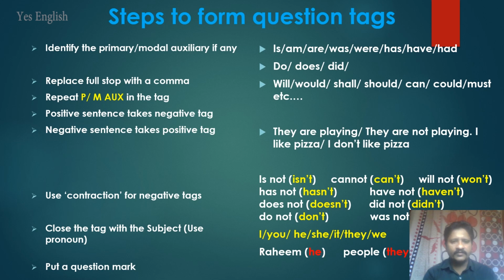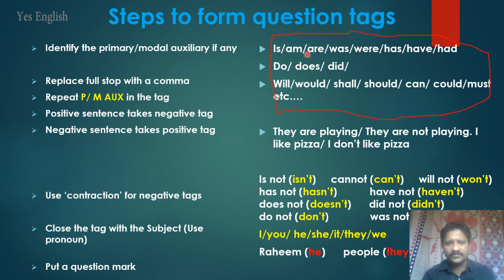Number one, identify the primary or modal auxiliary verb. So have a look at these words given in this list. Okay, these are called primary or modal auxiliary verbs. So you have to analyze or examine the given sentence and identify whether this sentence has any of these words.